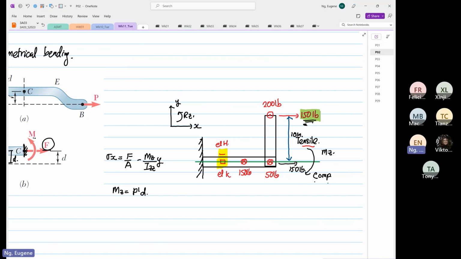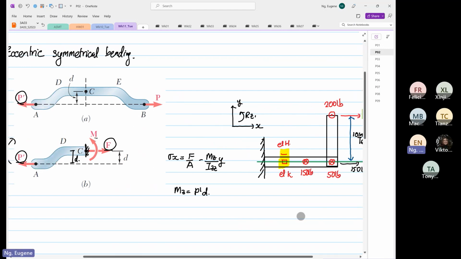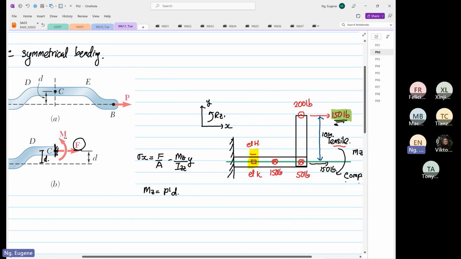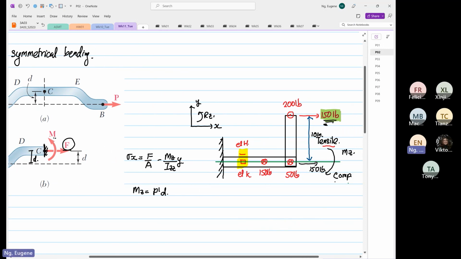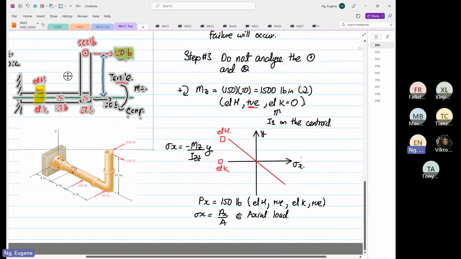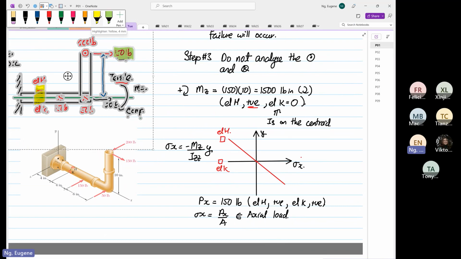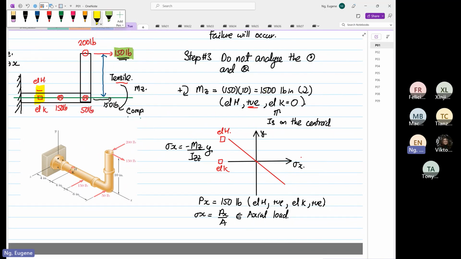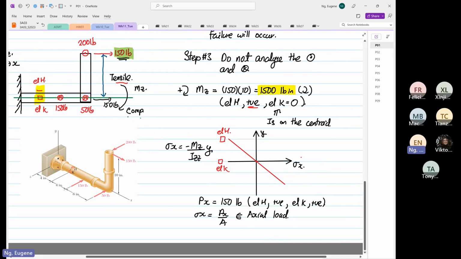So now we have viewed this structure. Anything else to see? Nope. What we have identified are two important things: a moment in the z-axis, and an axial load of 150 pounds.